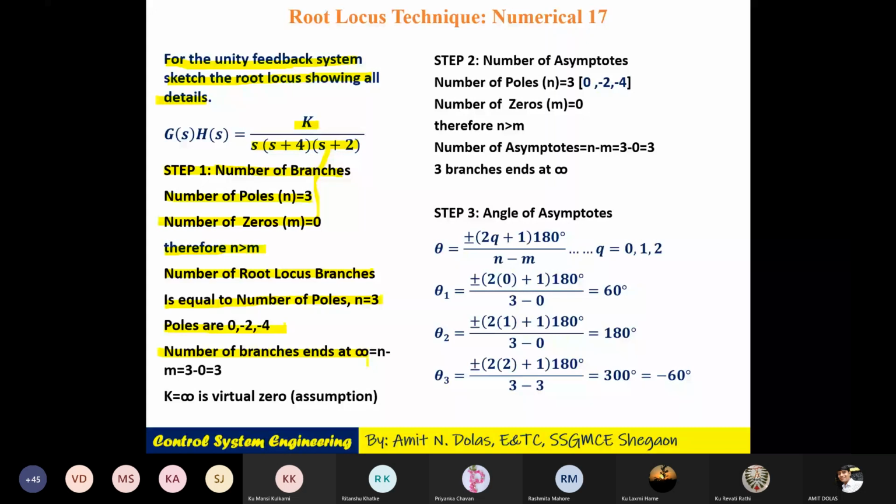It is somewhere here, minus 2 under root 2. 3 branches: one will terminate towards infinity, and 2 will terminate towards infinity by intersecting the imaginary axis in this way. So total 3 branches are moving towards infinity. Nothing will terminate at 0 because no zeros are present. Okay. So this is all about it.